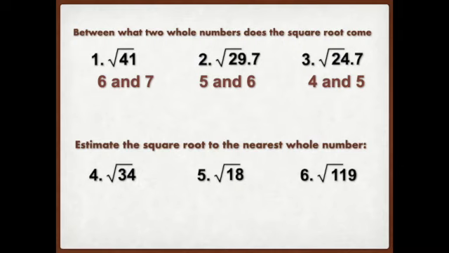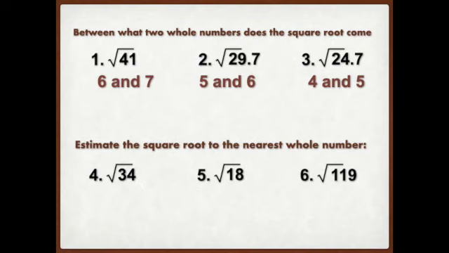So to estimate to the nearest whole number would either be 5 or 6. Now 6 is too high, so it would actually have to be 5. So the square root of 25 is 5, but the square root of 36, which is 6, is closer. So I want to estimate to the nearest whole number, and the closest one is going to be the square root of 36, which would be 6.